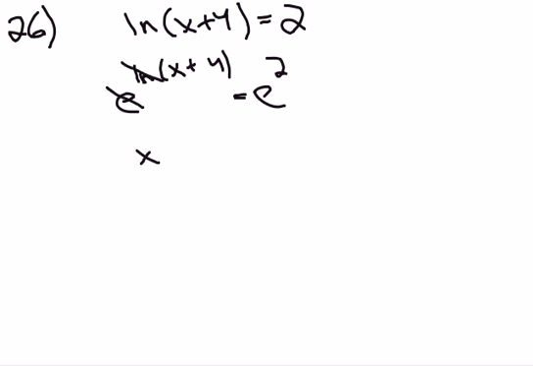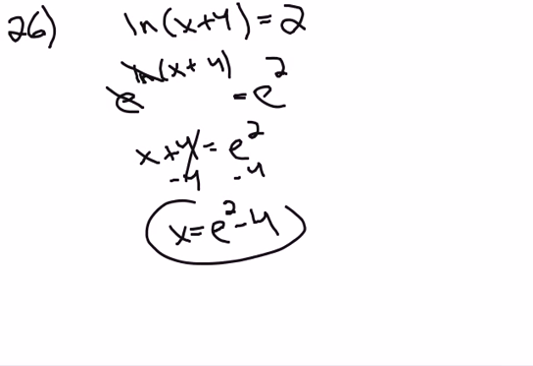These essentially cancel, and subtract 4. Okay, so that would be my answer. And you can see here if you plug in e squared minus 4, I'll leave that up to you, you will get out 2. There is no extraneous solution for this one.